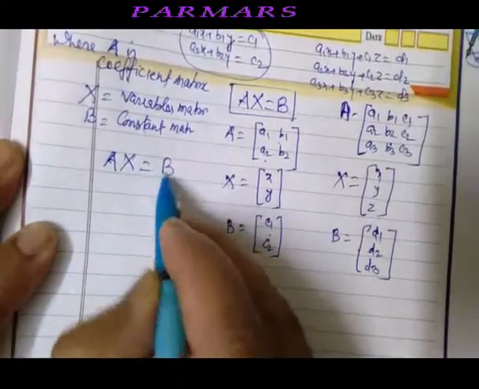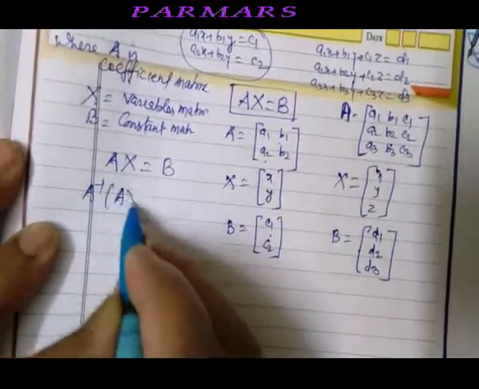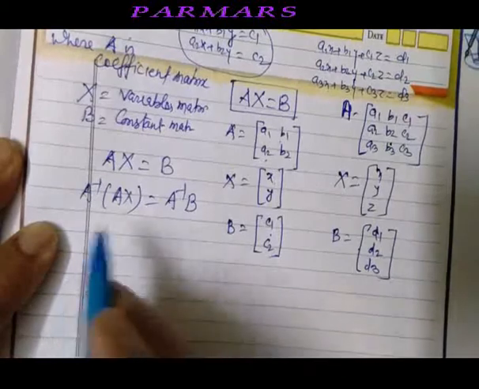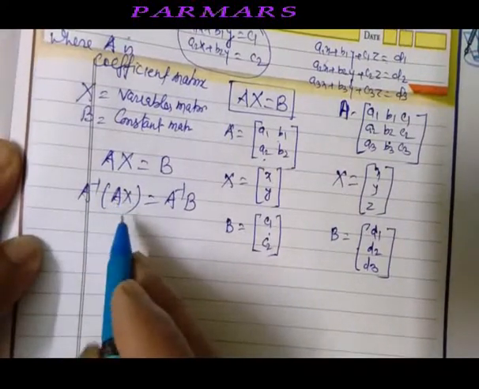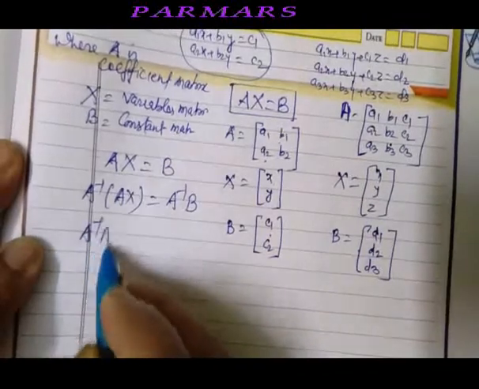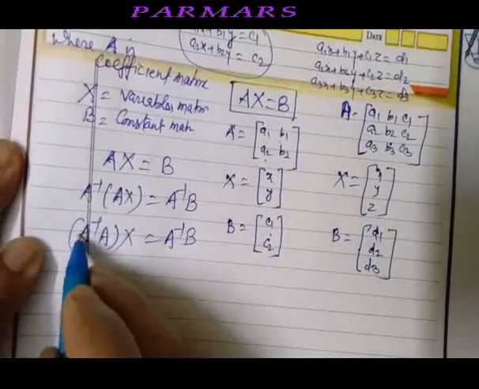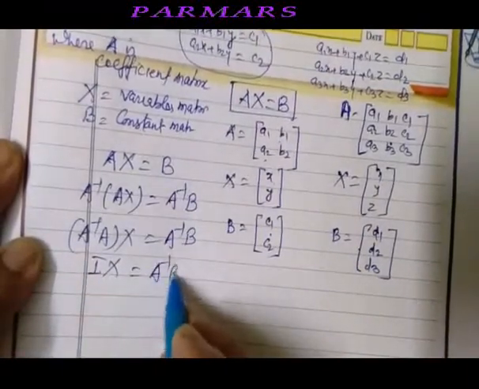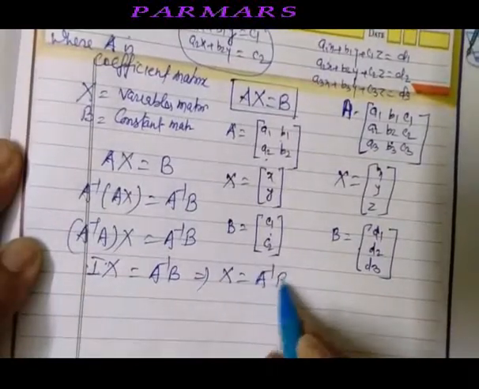AX is equal to B. If you multiply A inverse on both sides, you will get this one. As you know that associative law holds for multiplication of matrices, it can be written as A inverse A into X equals A inverse B. What is A inverse A? That is the identity matrix of the same order. So I into X is X equal to A inverse B.